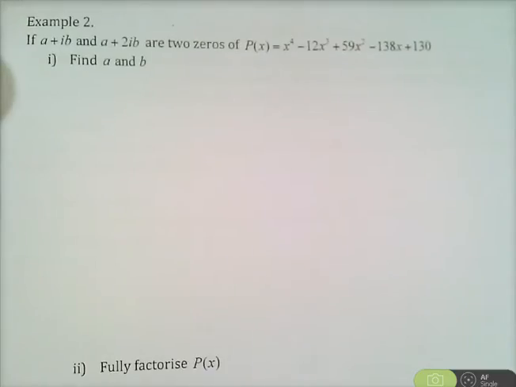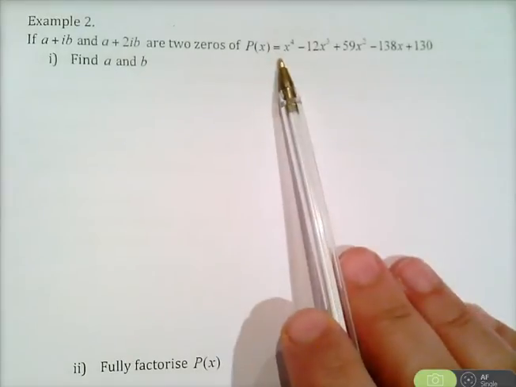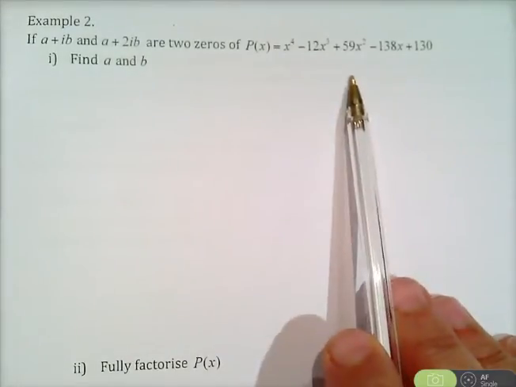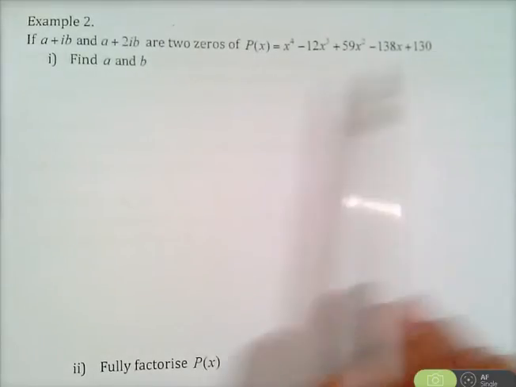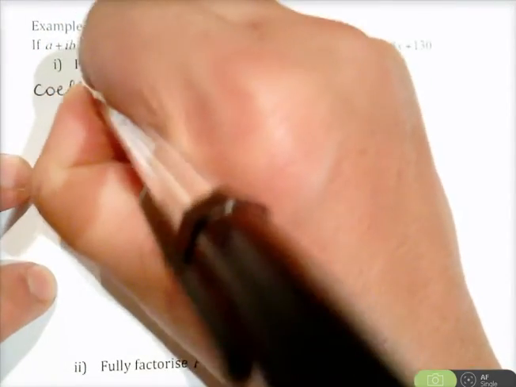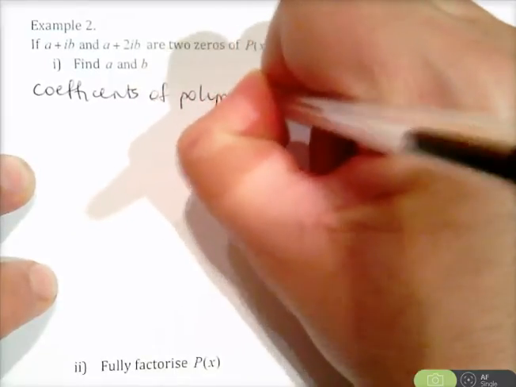Okay, now this is page 7, example 2, and the question is: if a plus ib and a plus 2ib are two zeros of this polynomial x to the power of 4 minus 12x cubed plus 59x squared minus 138x plus 130, find a and b. Now we know that the coefficients of the polynomial are real.